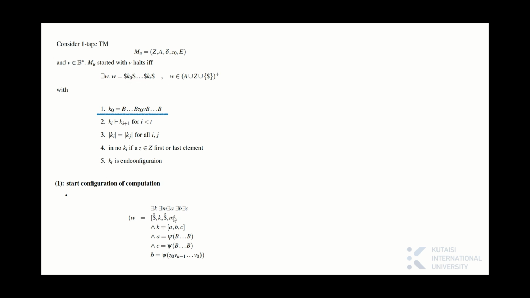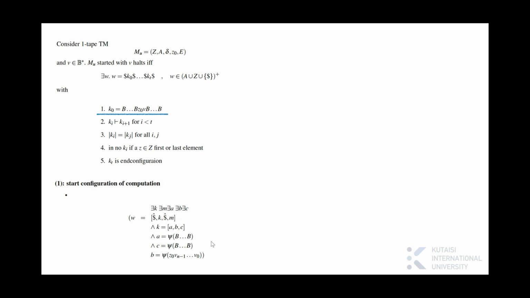This is what it ends with, such that this K is supposed to be K0. K is itself ABC, concatenation of 3 things, such that A is the code of a bunch of B's, C is also a code of a bunch of B's, and B, the something in the middle, is just the code of Z0 and the input. Right? Makes total sense.